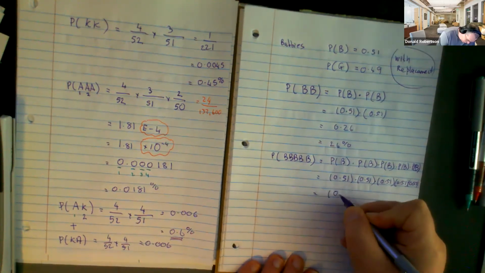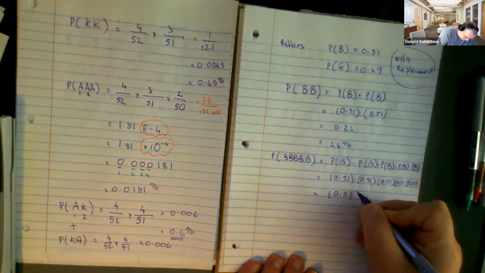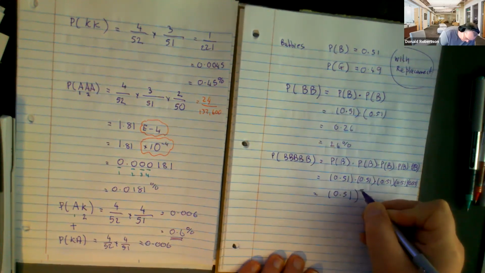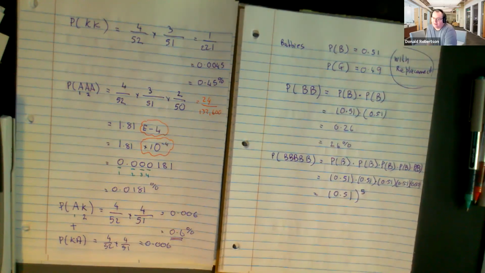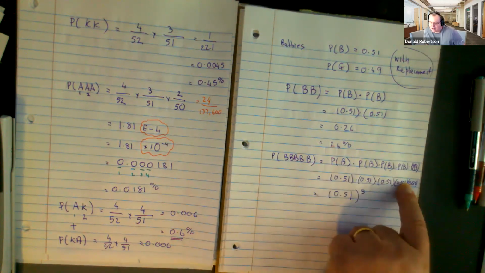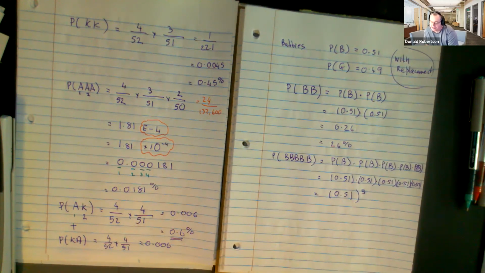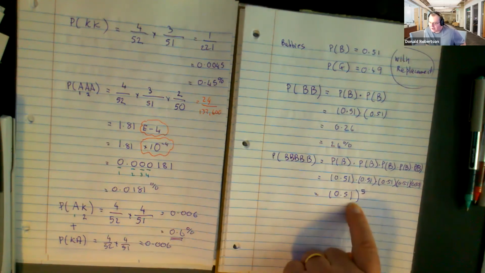Isn't there a nice shorter way of writing that? Don't you write it like that? Would you agree that writing this and this is a very cumbersome way of saying that?